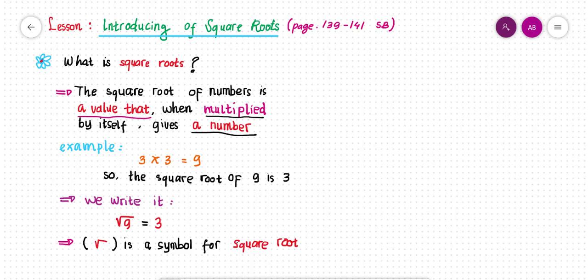Okay, teacher Fia gave the example: 3 times 3 is equal to 9. So the square root of 9 is 3, everyone. Okay, we write it like this. The square root of 9 is 3, because this one is the symbol of square root. Can you get it, everyone? That's the basic of our square root.